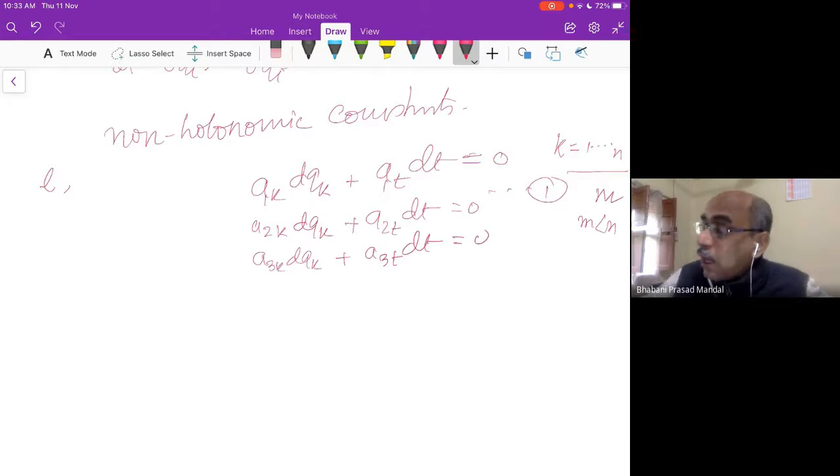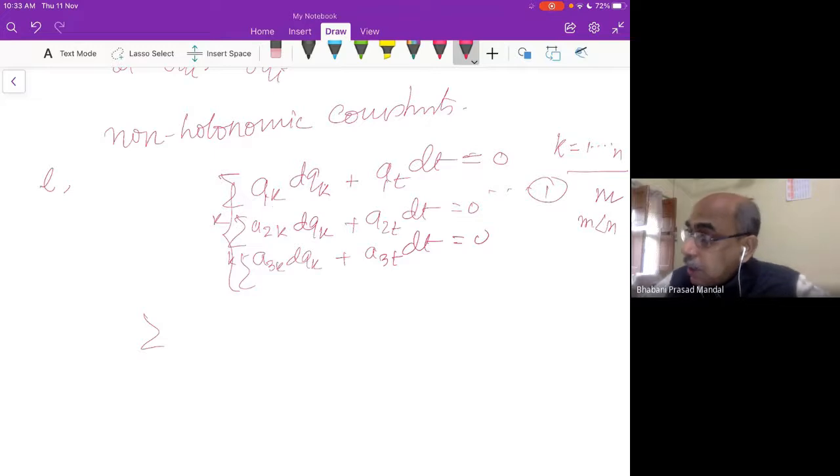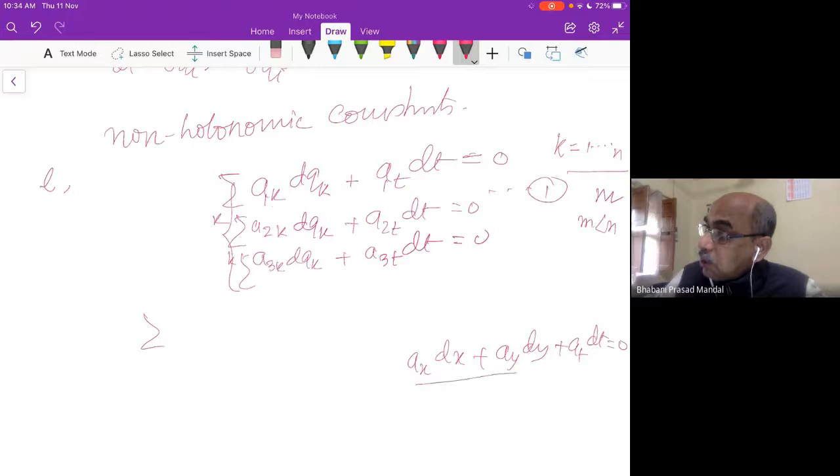So I can combine this and make a compact notation. This is a sum over k, this k and this k. Like a_x dx plus a_y dy plus a_t dt equal to 0 in 2 dimensions, this is one style of writing. So this means summation.